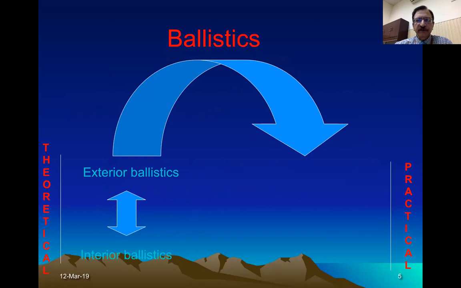It follows a curved pathway, and then it strikes at the terminal point where it causes the wound ballistics. So the travel of the bullet from internal to external ballistics is not in a straight line. It is a curved pathway, and this curved pathway is called the trajectory of a bullet.